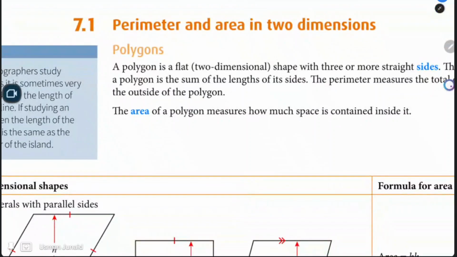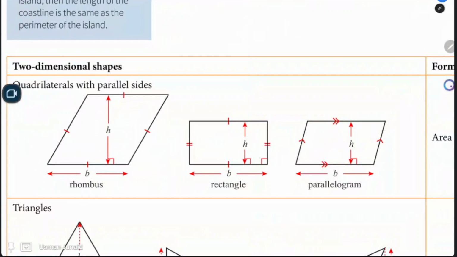When we're talking about polygons, you've got different shapes. When we're talking about quadrilaterals, you've got parallelograms, a rhombus. What is the difference between a parallelogram and a rhombus? Can you tell me that? So in a parallelogram, the two upper and lower sides are equal, and the two side sides are also equal.